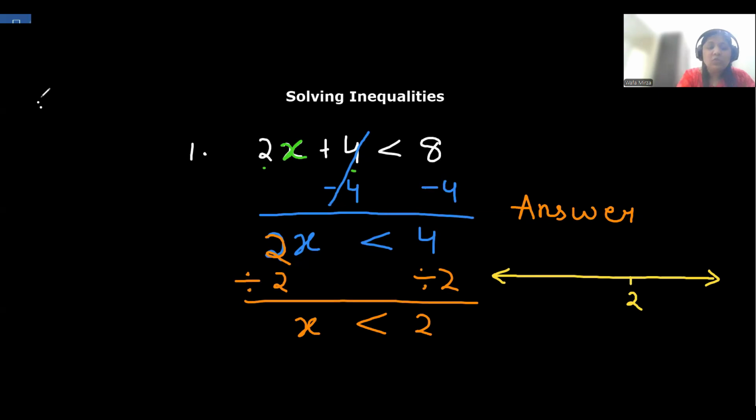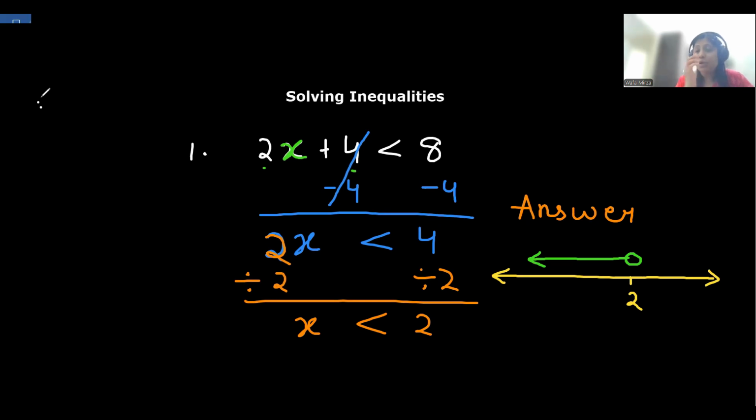Less than 2 means on the left side. You will go towards the left side. Any value which is less than 2 is your answer. But x cannot be equal to 2. So since x is not equal to 2, you will use an open circle here. If x is equal to 2, then you will use a dark circle, right?